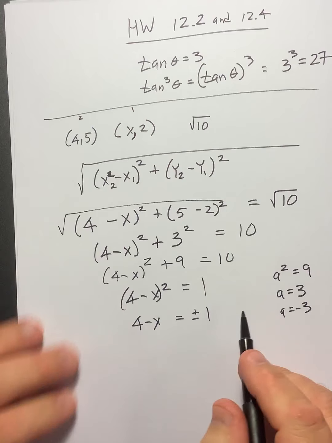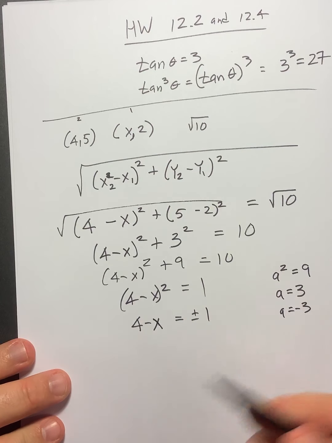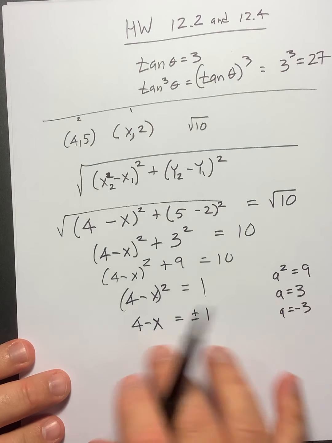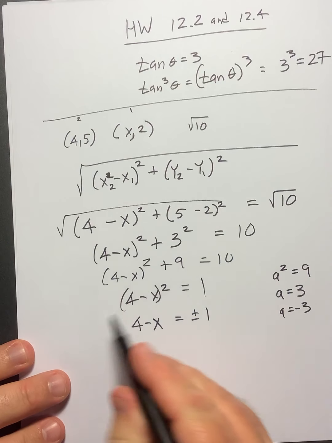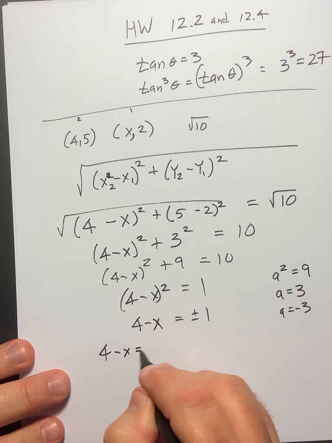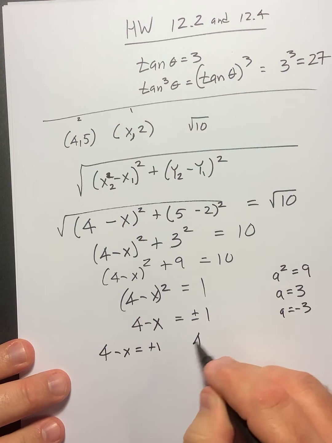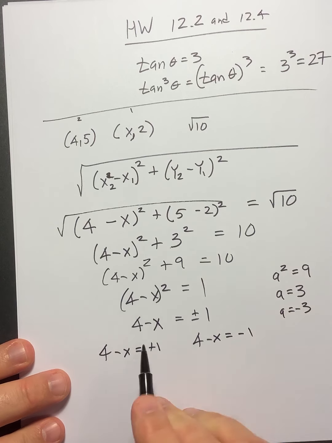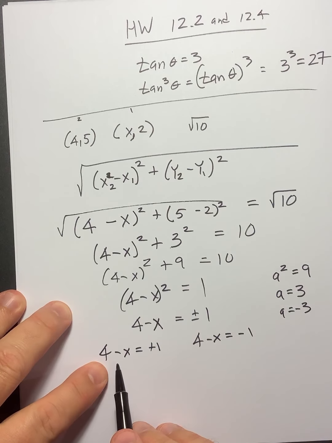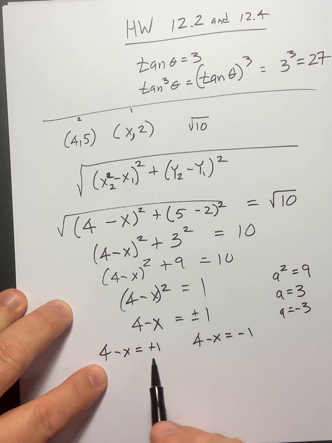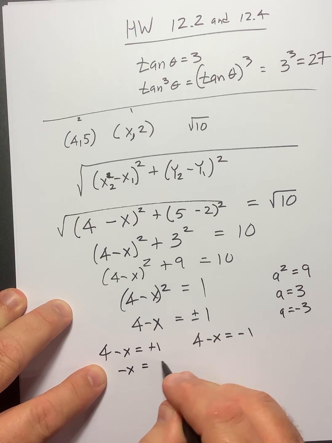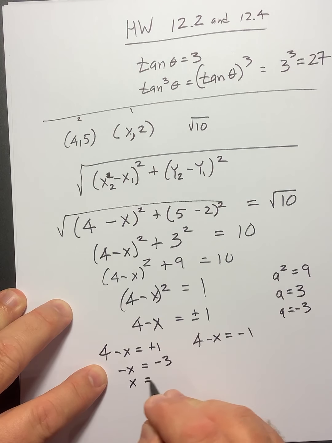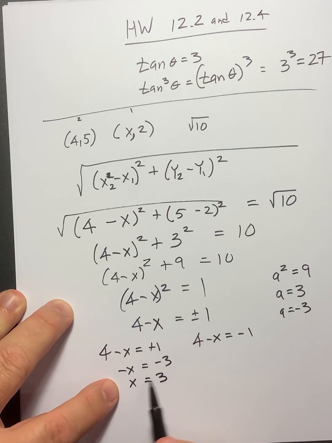All right, so I have to solve this for both. If you remember from algebra, when you have plus minus, this actually creates 2 separate problems we're going to solve. So we're going to solve one for the plus side and one for the minus side. I just split it in half. So over here, subtract 4 from both sides, and I get negative 3. Switch the signs, I get 3.